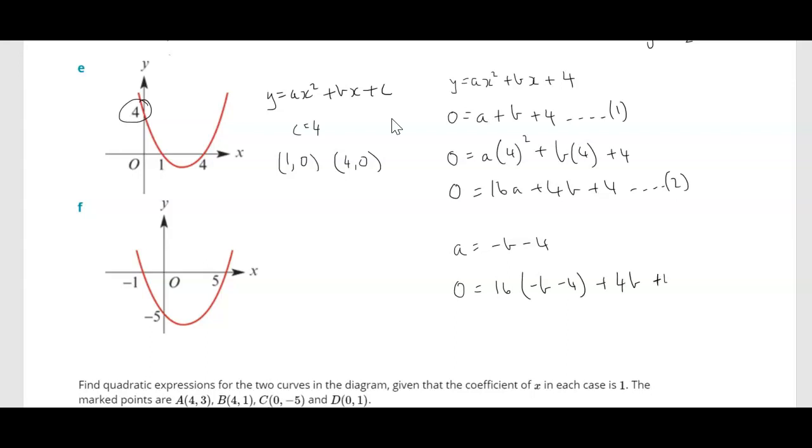All right, I'm just not talking so I can concentrate. 16 times 4, is that 64? I'm running out of room.